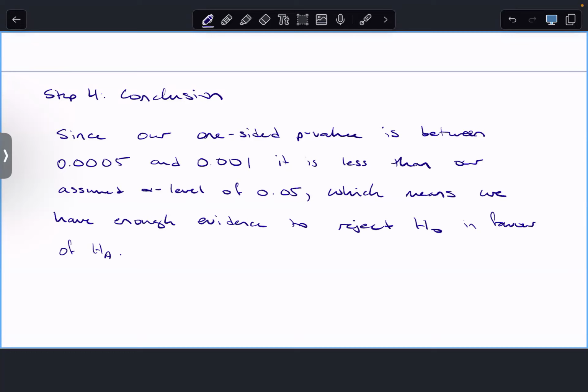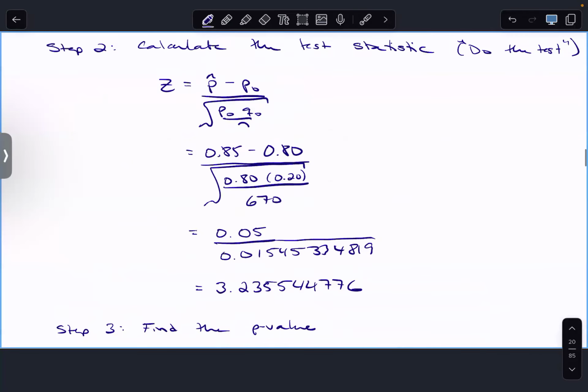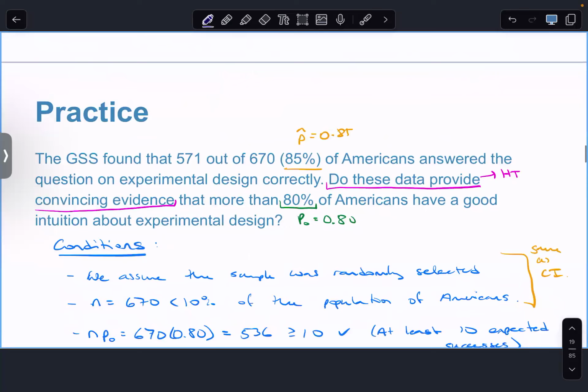If I'm rejecting it, I can say in favor of what? If I'm not rejecting it, you just end it there. What does that mean? Then we reword the question as an answer.